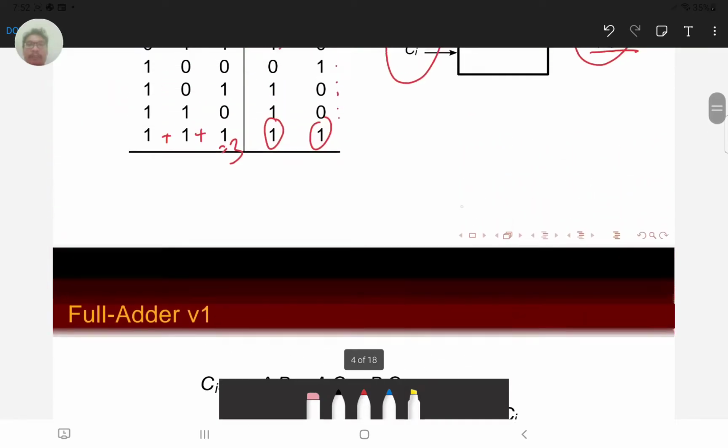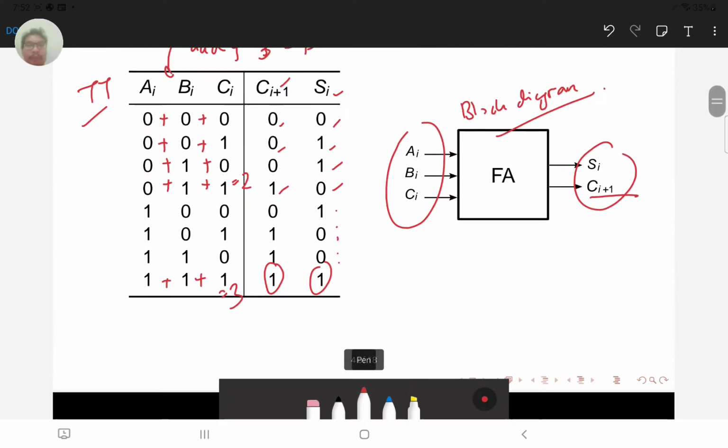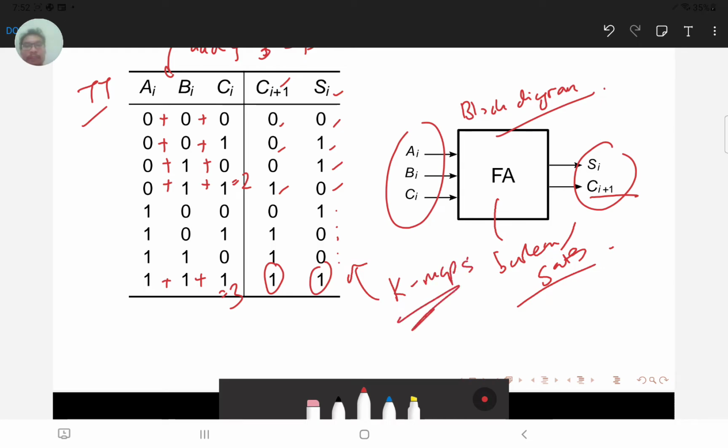So how to implement the Boolean equation? How do we get the gates for the full adder? We can use a K-map, and obviously we are going to get 2 K-maps: one K-map to derive the output Ci plus 1, and another K-map to derive the output Si.